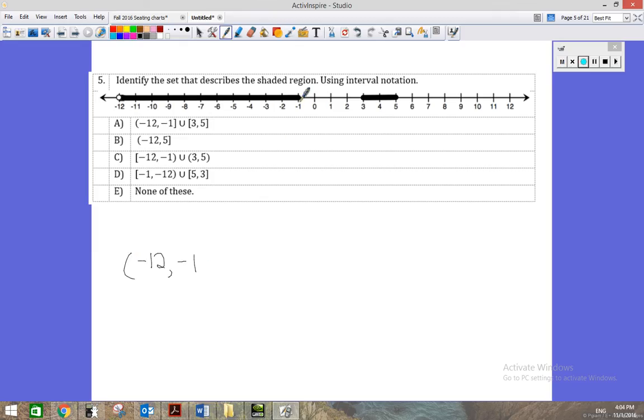At -1, that's a solid dot there. I'm including it. And now since there's a break, I need a union. Now these endpoints are 3 and 5, and since they're both solid, neither one of these are hollow, it's a bracket on both ends. So this is the choice I'm looking for, which appears to be right there in choice A.